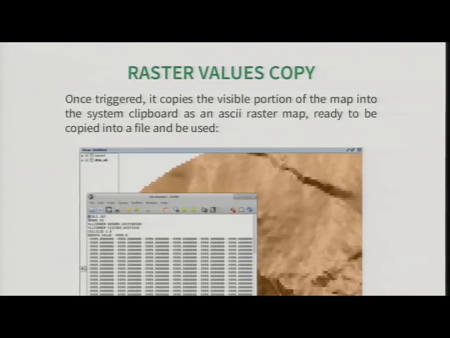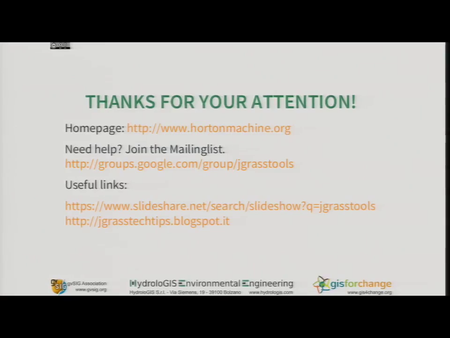So you have it in copy, you open a text editor, you just paste, and save it. It will be a raster, and you can add it back in the view, or use it in your module. This is very, very handy to create very quickly small portions, to analyze small portions in a computational way in your raster maps. I think that's all.